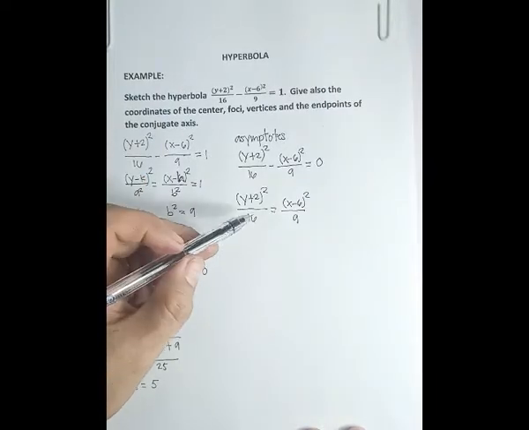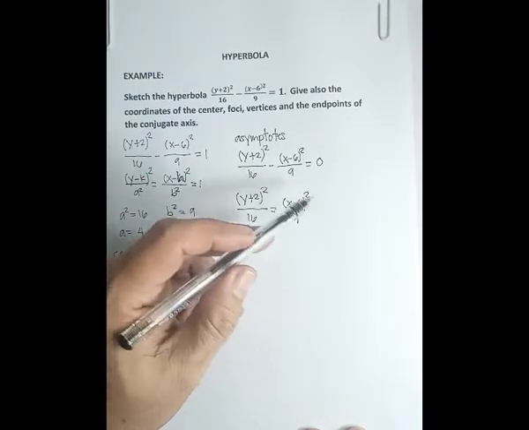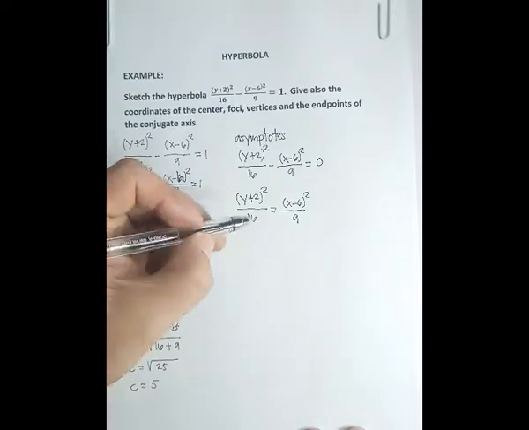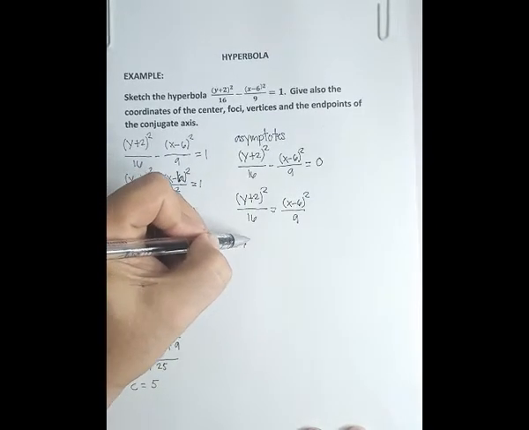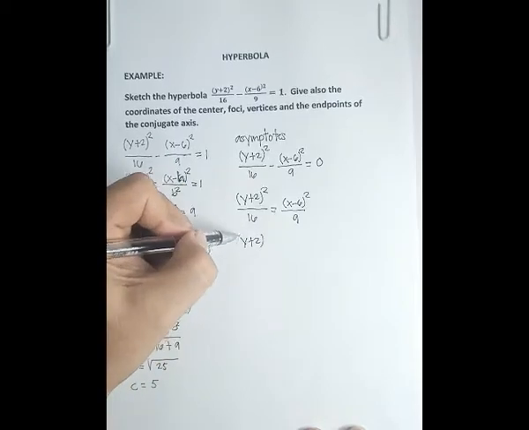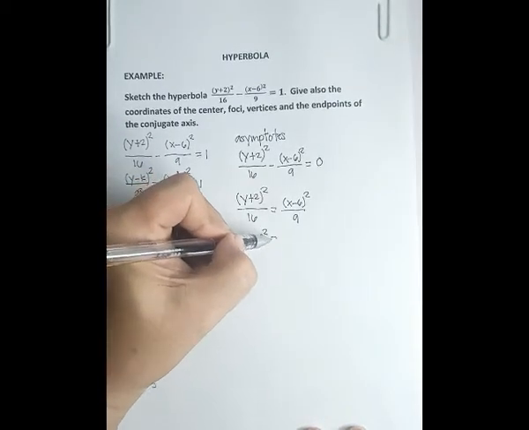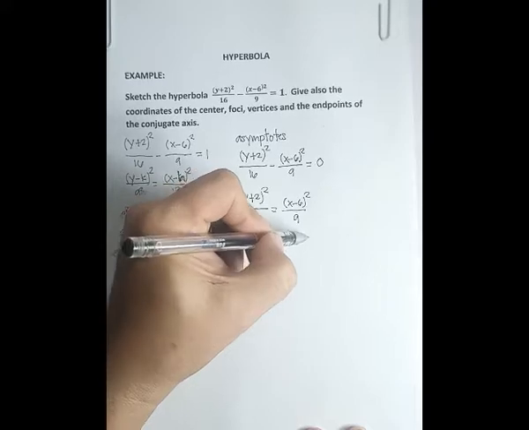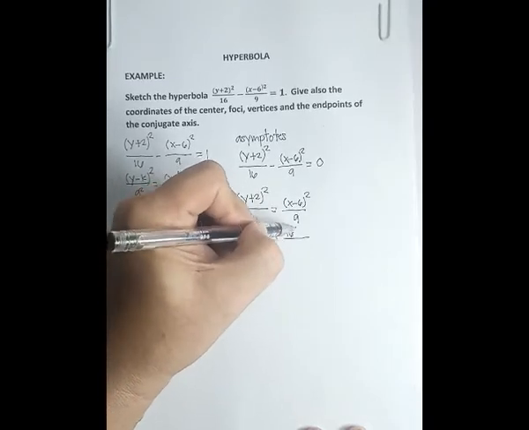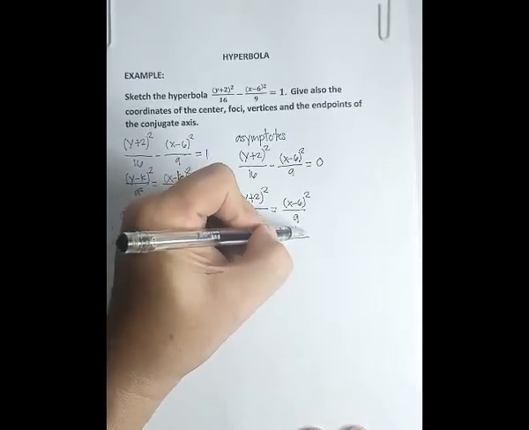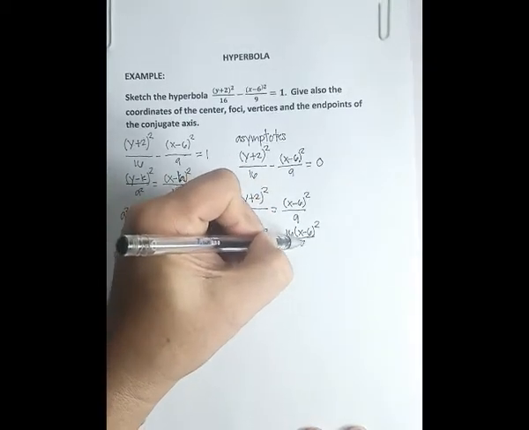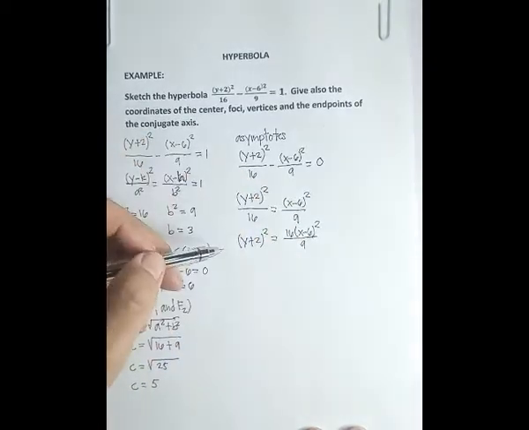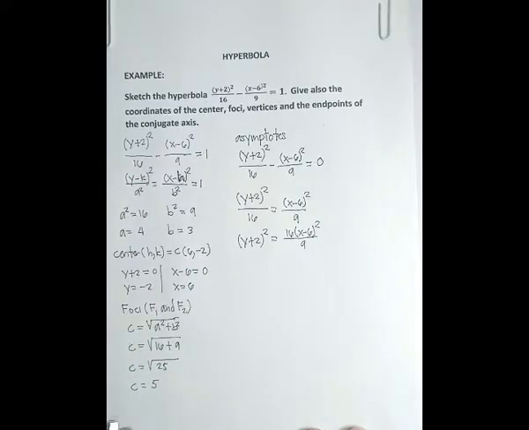Okay? Then we transpose the 16, multiplying both sides by 16. So (y plus 2) squared is equal to 16 times (x minus 6) squared over 9. Then we take the square root of both sides.